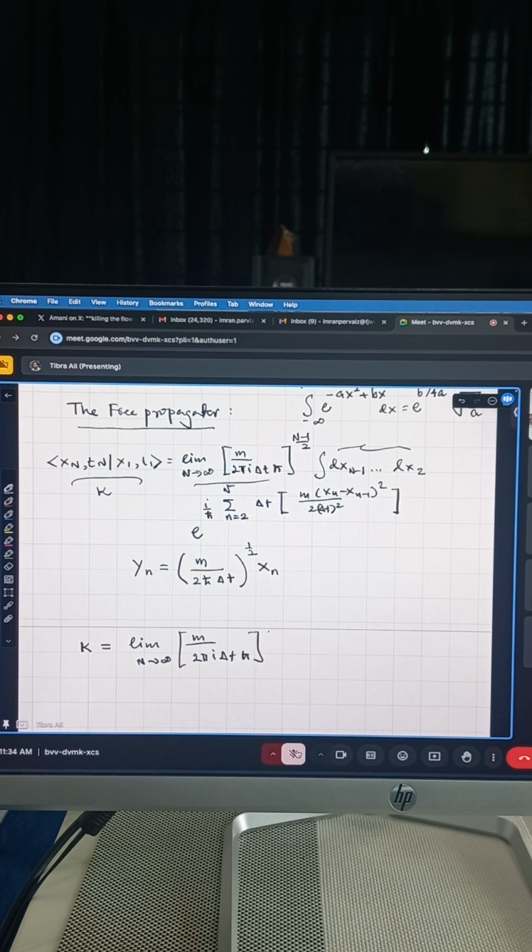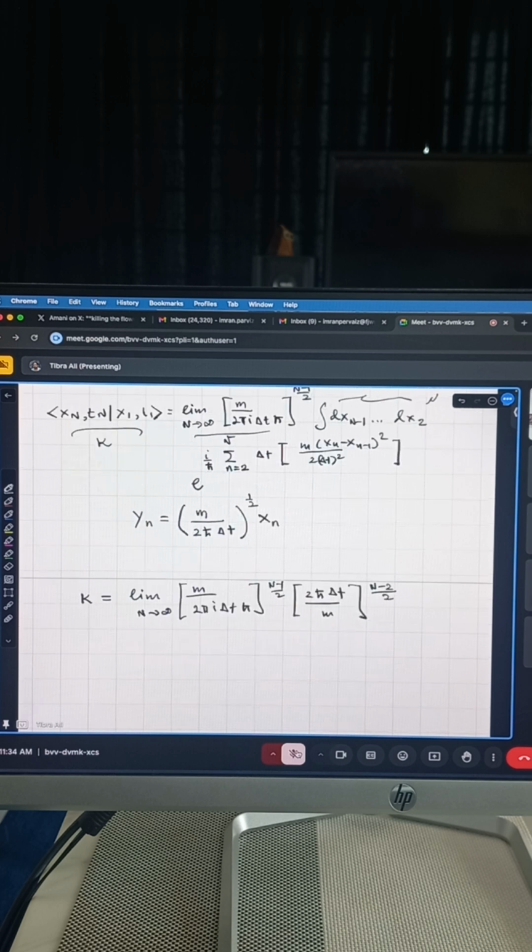The number of integrals is one less than the number of time intervals we have, because these are integrals over the spatial slices. So there's a n minus 2 here in the numerator. And then we have dy n minus 1 ... dy2, and now we have e to the power I, summation from small n to big N, of yn minus 1 squared. So this looks a lot more doable.